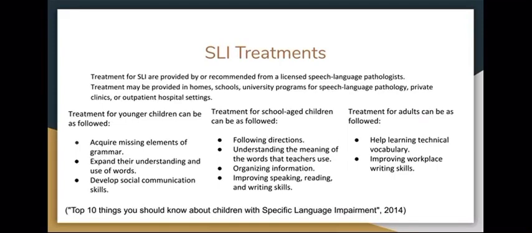Treatment for school-aged children can be as follows: following directions, understanding the meaning of the words that teachers use, organizing information, and improving speaking, reading, and writing skills. And lastly, treatment for adults can be as follows: help learning technical vocabulary and improving workplace writing skills.